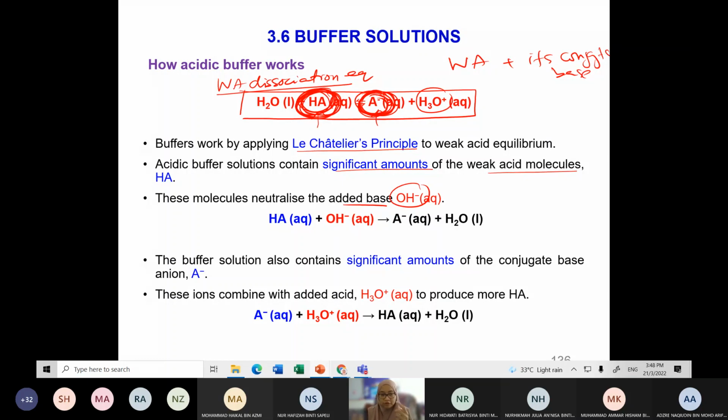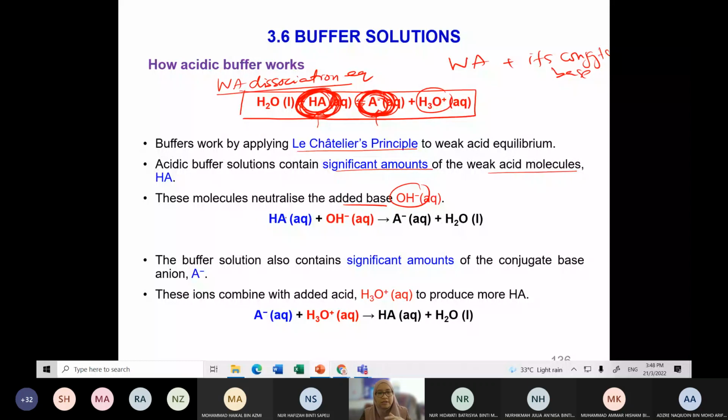Sebab after all, the concentration of weak acid is now decreasing because it has been used to neutralize the OH minus just now. Betul tak? Dia digunakan. So weak acid punya concentration dah reduce. Bila weak acid punya concentration dah reduce, of course H3O plus pun akan reduce. Betul tak? So the pH will still increase, but it increase slightly ataupun gradually. So the pH can still be maintained dekat situ. Faham?